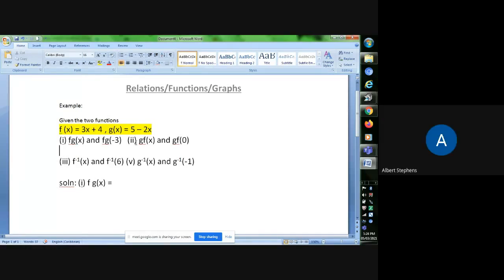If you listen to the health minister carefully, whenever he's speaking, he will always speak about a function of something. So a function is like a relationship between two entities.